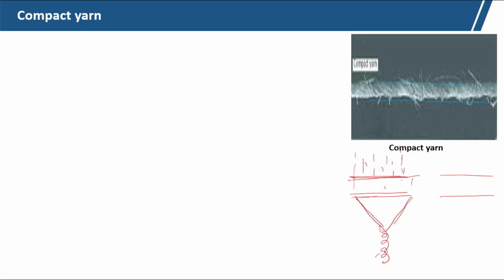This is the twisted portion and this is the spinning triangle. The problem here is that when the fiber gets a sudden deflection, at least the edge fibers will tend to come out from this path, and they will form the hairs.